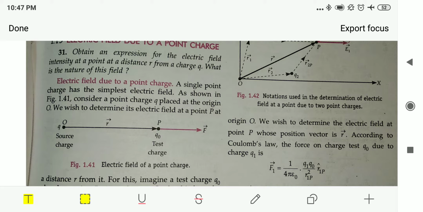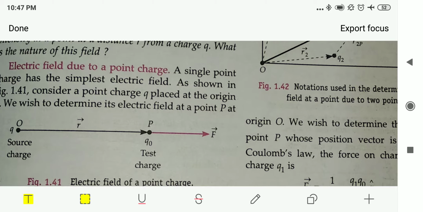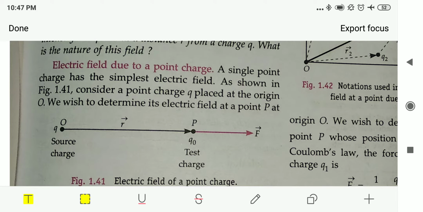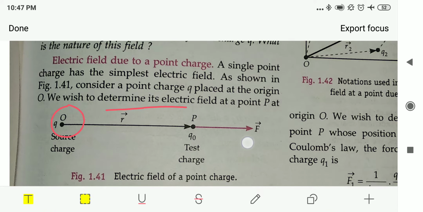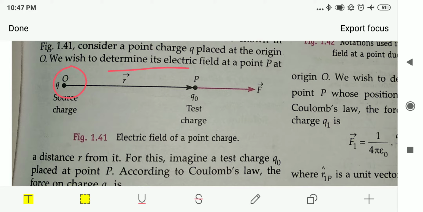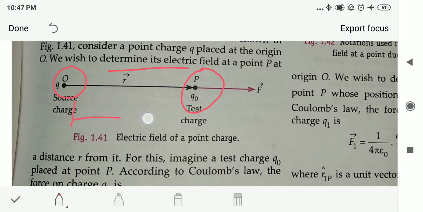As shown in the figure, consider a point charge q placed at the origin O. We wish to determine its electric field at point P, at a distance r from it.